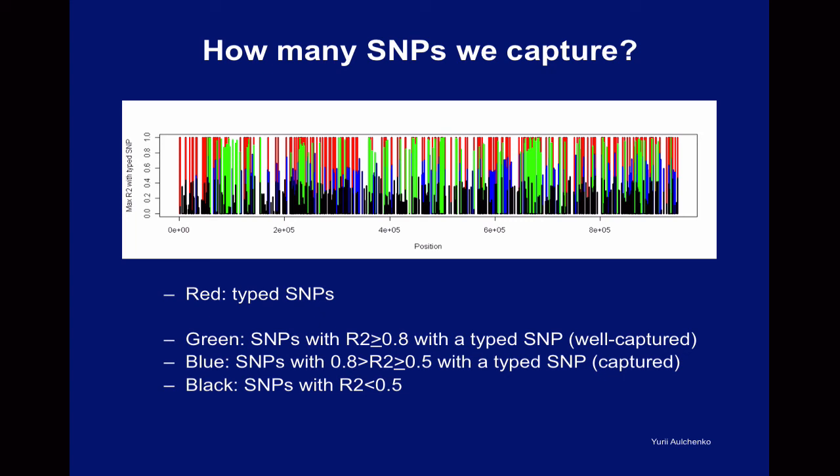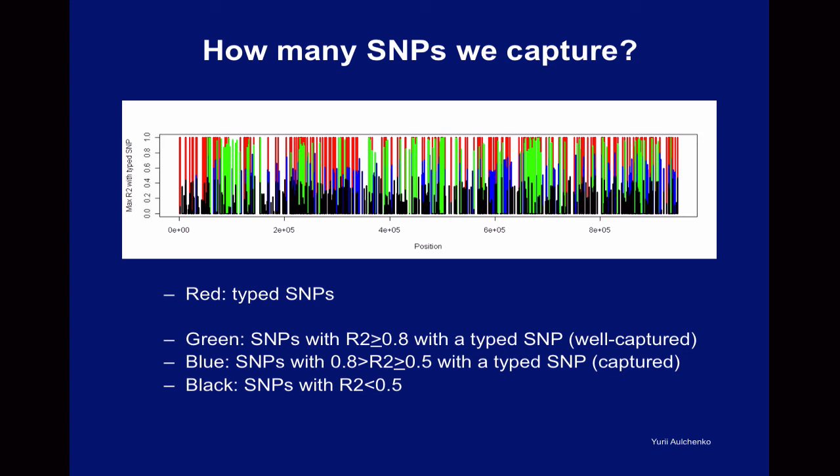And these variants I depict with a green bar, and the height of the bar corresponds to the value of the R square linkage disequilibrium metric, which I achieve for this SNP between this SNP and one of the typed red SNPs.